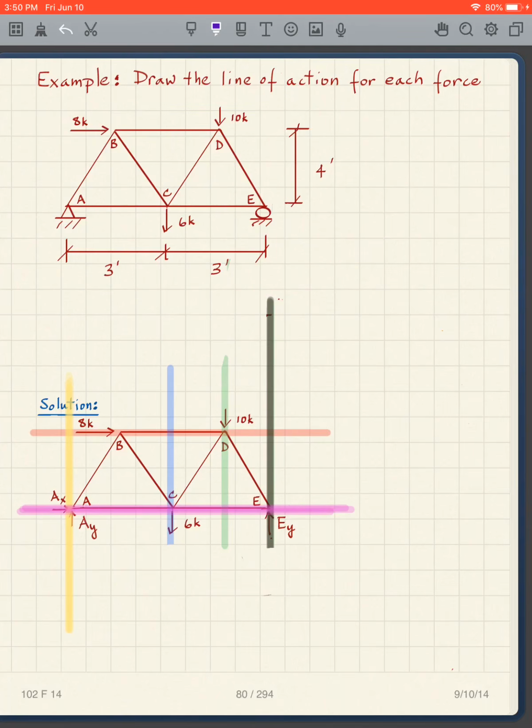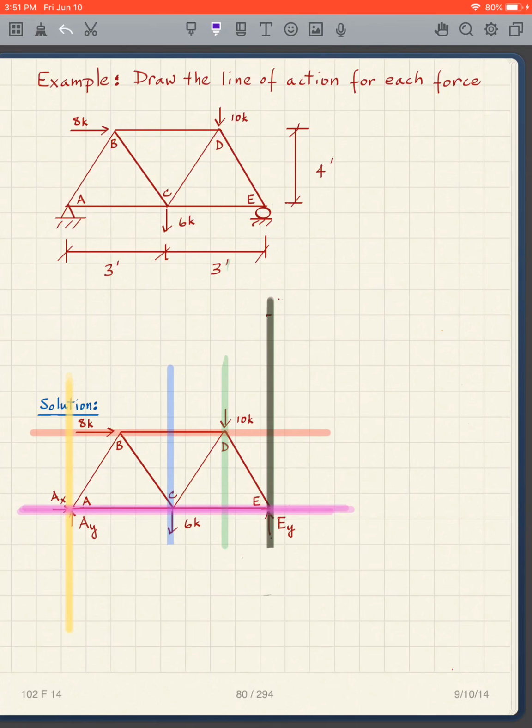Again, we want to find the reactions, down here at A and in this case E. So we've labeled each node A, B, C, D, E. We have our loads at nodes. In this particular case, all of our loads are vertical and horizontal. And then when we draw our free body diagram, we need to consider the line of action of each force.